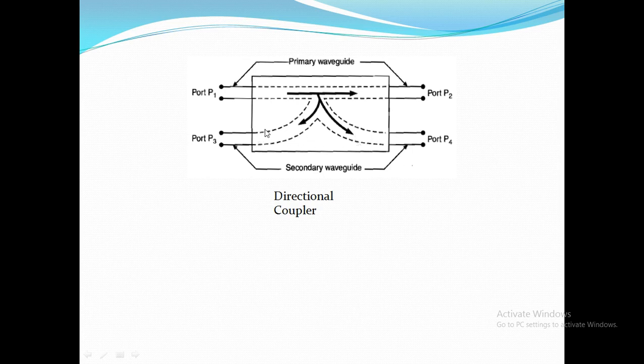A portion of the wave incident on port 3 is coupled to port 2 but not port 1, and a portion of the wave incident on port 4 is coupled to port 1 but not port 2. So this is all about the directional coupler.